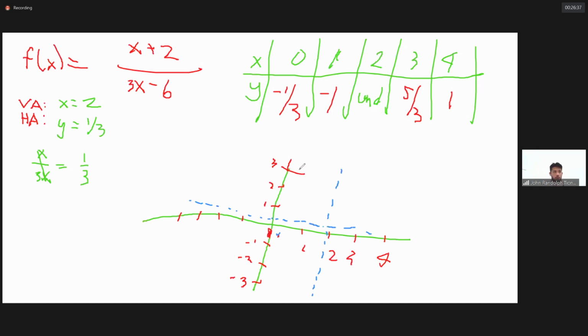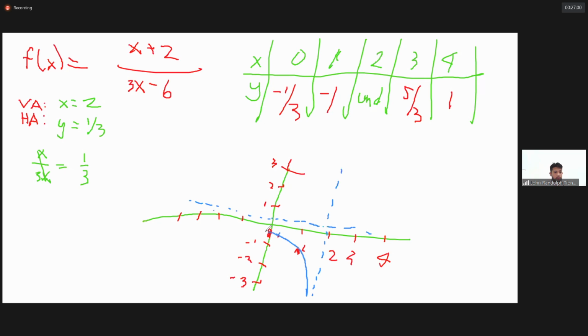And then we have next one is 1, -1. This is 1, -1 somewhere here. Okay. So, hindi makita. I'll just use blue, okay? So, ito yung dalawang point.